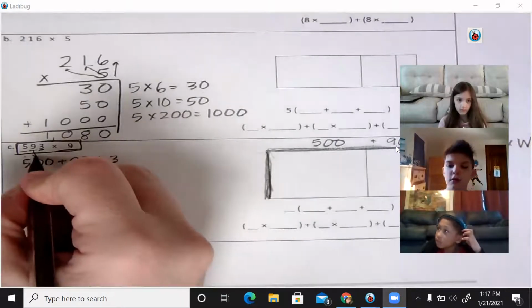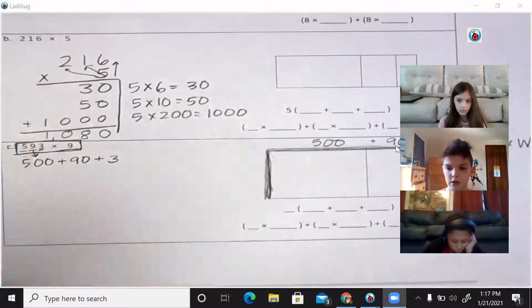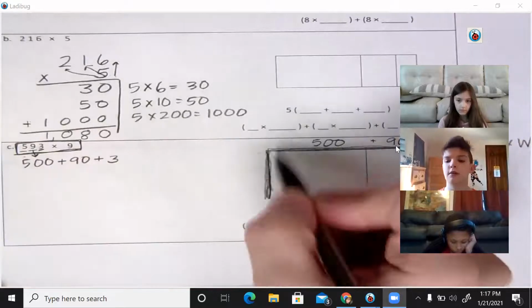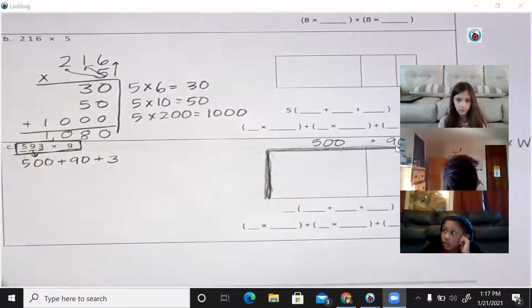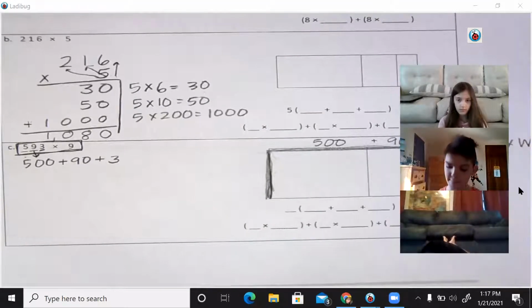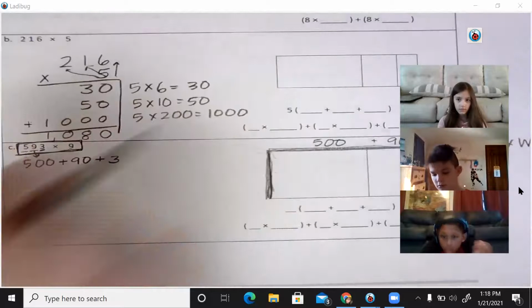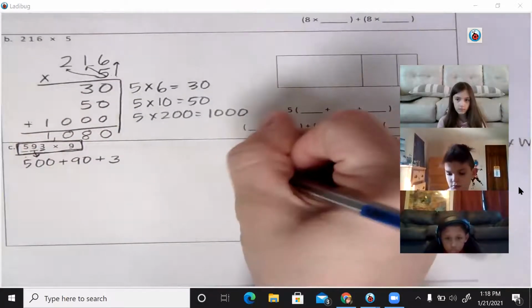I've already used 593 by expanding it and putting it at the top. Look at your original equation. What's left to label my width with? Come on, look at the problem. What's left here? What didn't we use yet? The 9. 9. There you go.